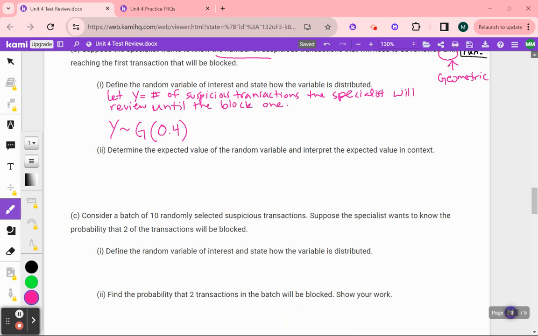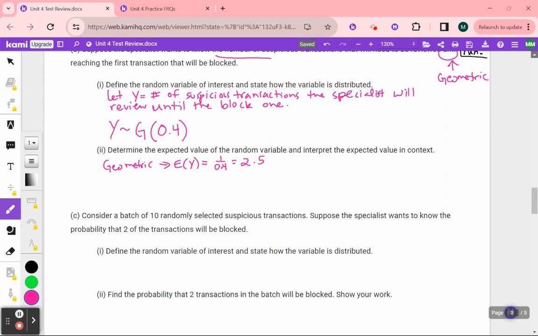So determine the expected value of this random variable. Well, since it's geometric, the expected value of Y is 1 divided by 0.4, the probability of success, which gives us 2.5.